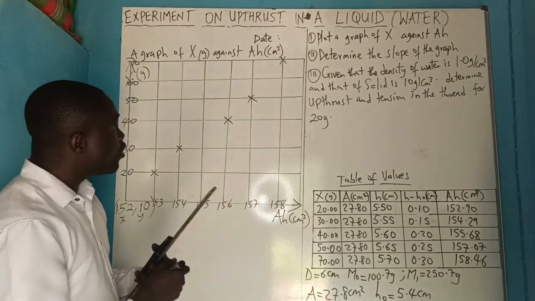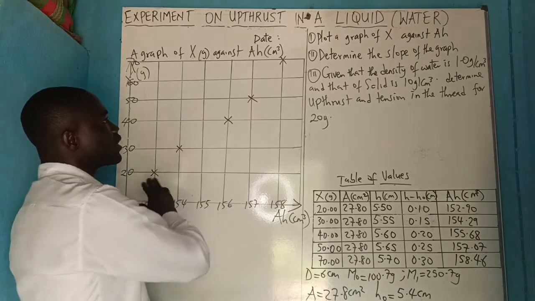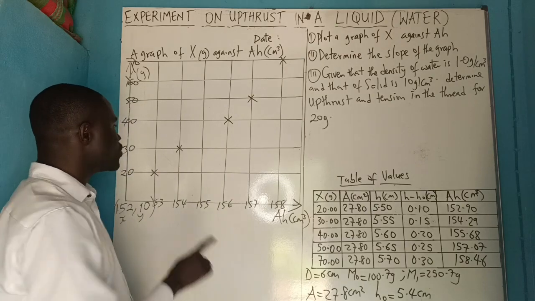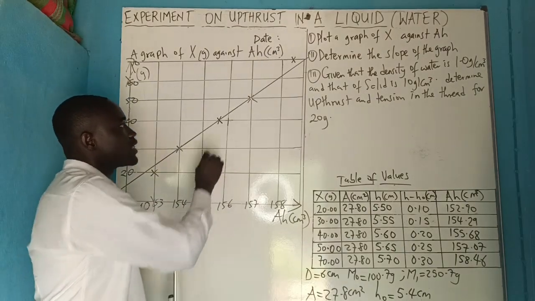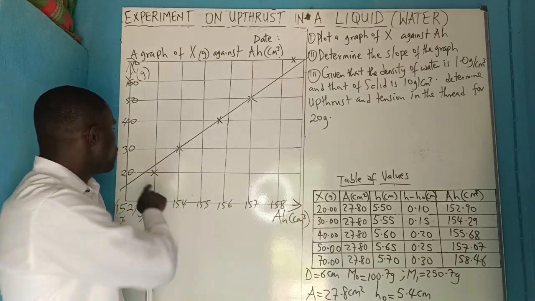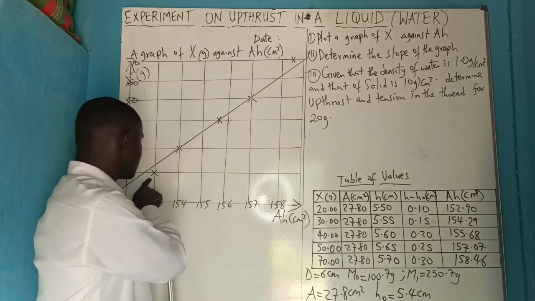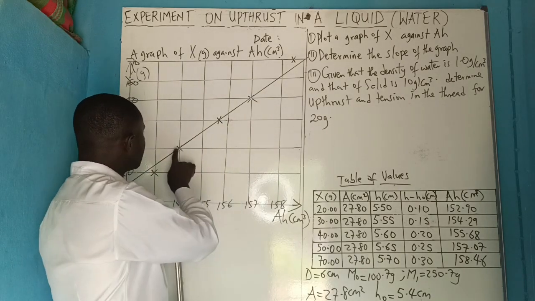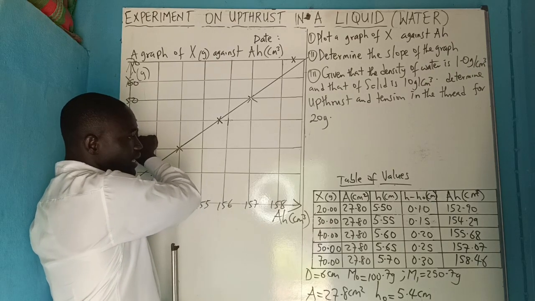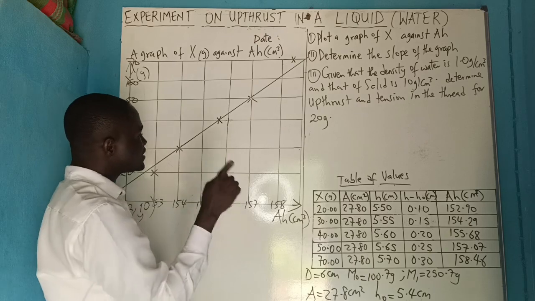Okay? So we have located our points. We have succeeded to locate our points. Next is to locate our line of best fit. Yes, we have succeeded to locate our line of best fit. Remember, we plotted 20 against 153 approximately, then 30 against 154 approximately, 40 against 155.68.